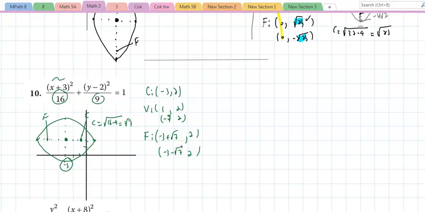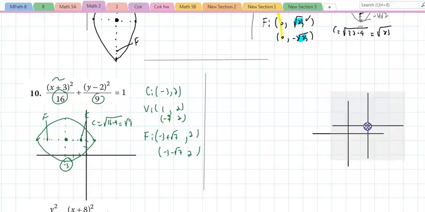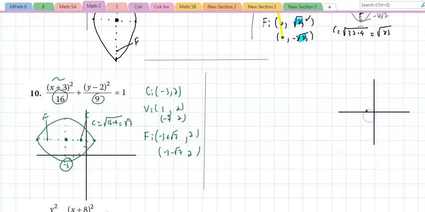You really don't have to do all of this work that I'm doing, but watch how things work. If I was to really reconsider, if I'm having a hard time with this, if I consider x squared over 16 plus y squared over 9 equal 1, I start at the origin.